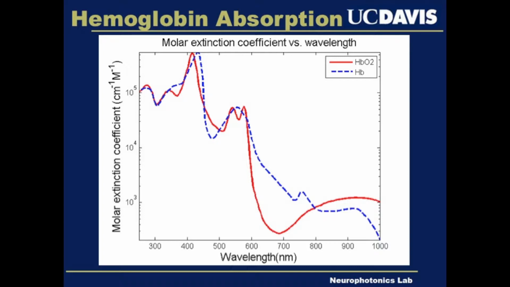And we want to use these differences to help us quantify the oxygen saturation in any given vessel. Also, I should note that while a lot of optical systems want to pick this region for lower hemoglobin absorption, we actually want this higher absorption coefficient for better contrast in our images.